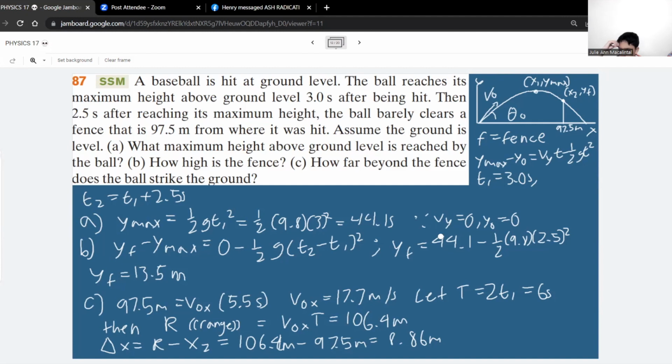Multiplied by sine of 58.9 times 3 seconds. Negative 0.5 times 9.8 times 9 plus 34.3 times 3 times sine of 58.9. So it's going to be 44.00.